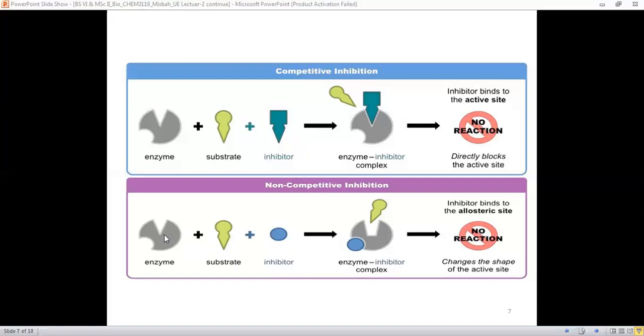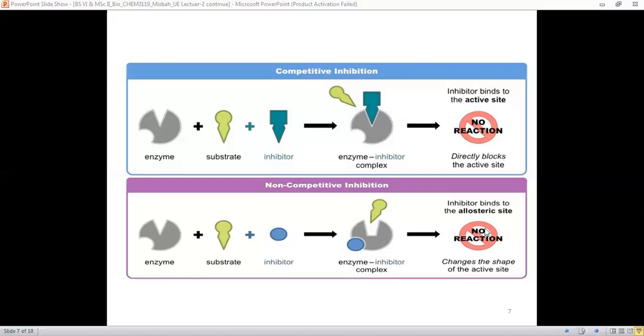Therefore, although the inhibitor, which is shown in blue, doesn't bind to the active site, it binds to the backbone of the enzyme, and it has changed the shape of the enzyme in such a way that the substrate is unable to bind with the active site.